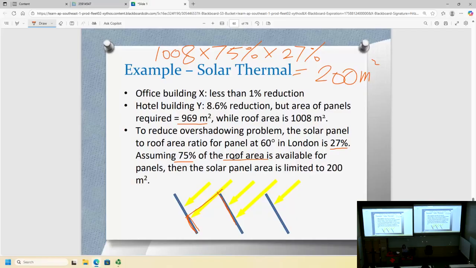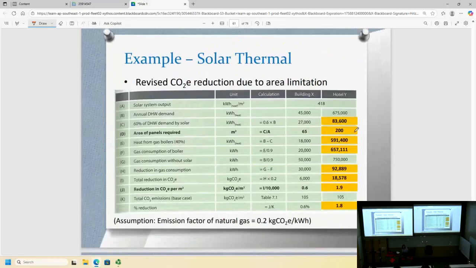So let's calculate the value once again, for a maximum area of 200 square meter. So if we have 200 square meter of the area, then multiply by 418, which is the system output per square meter.